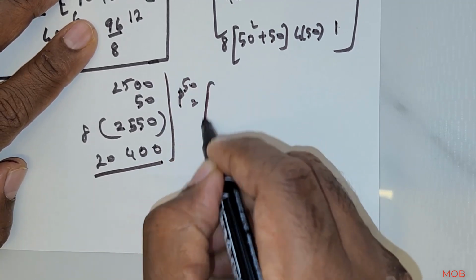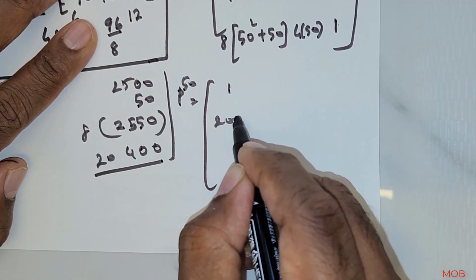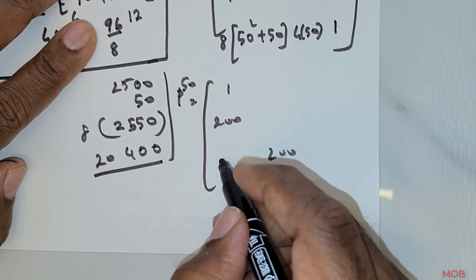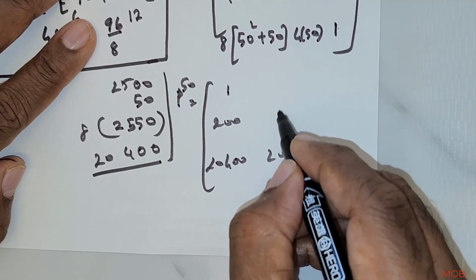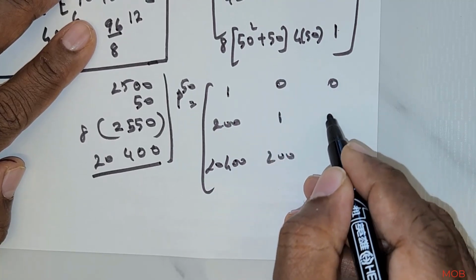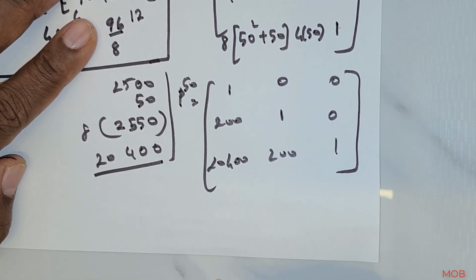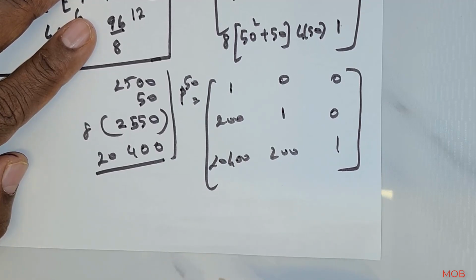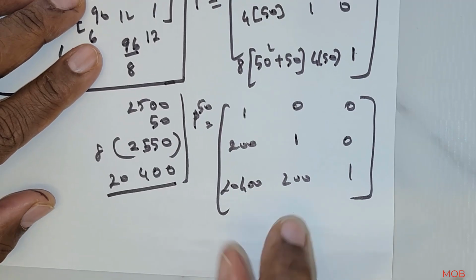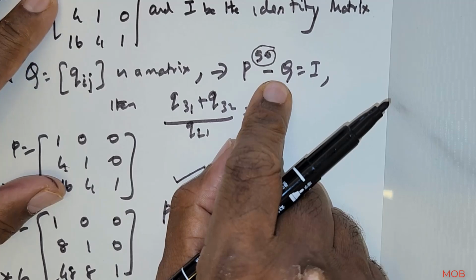So P of 50 is equal to 1, this is going to be 200, this is 200. Over here it's 20400. Over here it's 1, 0, 0, 0 and 1. Okay. So what we have to do is we will have to take this over here.